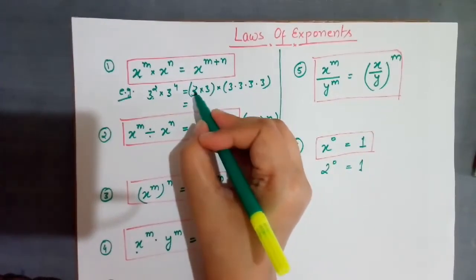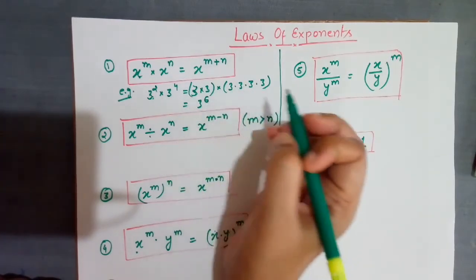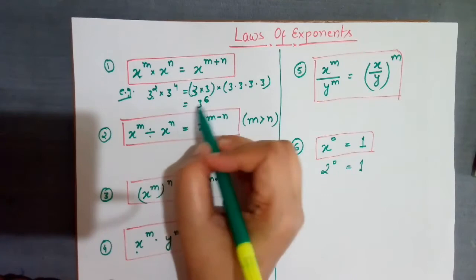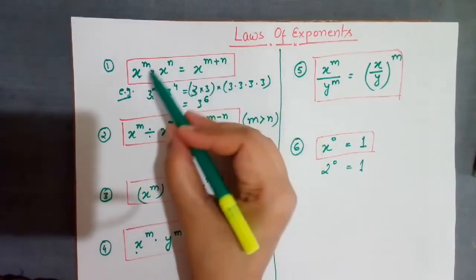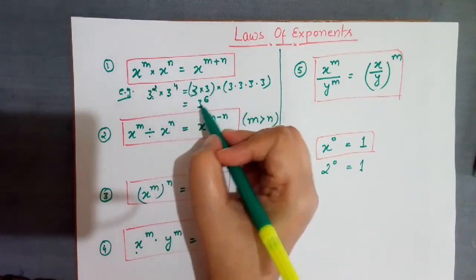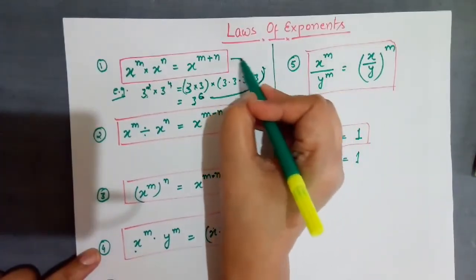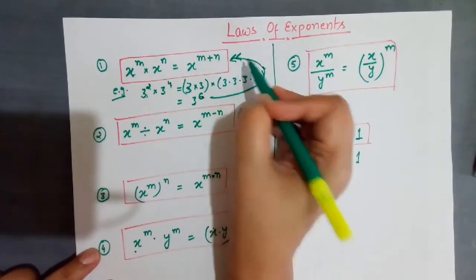Cumulatively, 3 to the power 1, 2, 3, 4, 5, 6. It is 3 to the power 6. So manually we can check this law. 3 to the power 2 into 3 to the power 4 is equal to 3 to the power 6. Exactly the same. This law says the same thing.